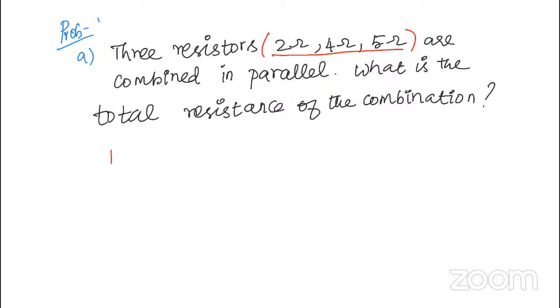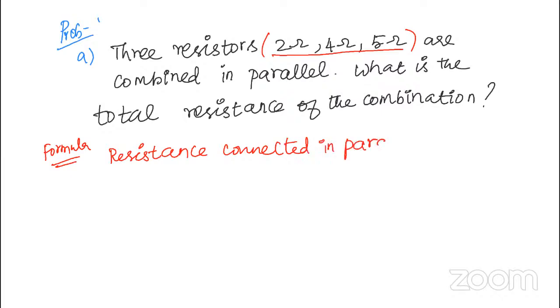So what is the formula? The resistance if it is connected in parallel: 1 by Rp is equal to 1 by R1 plus 1 by R2 plus 1 by R3.